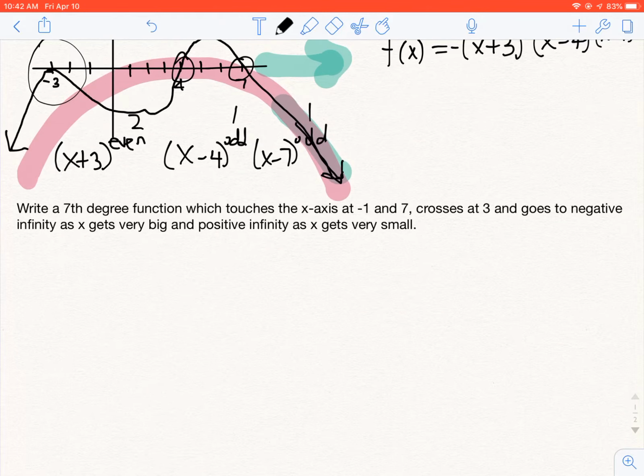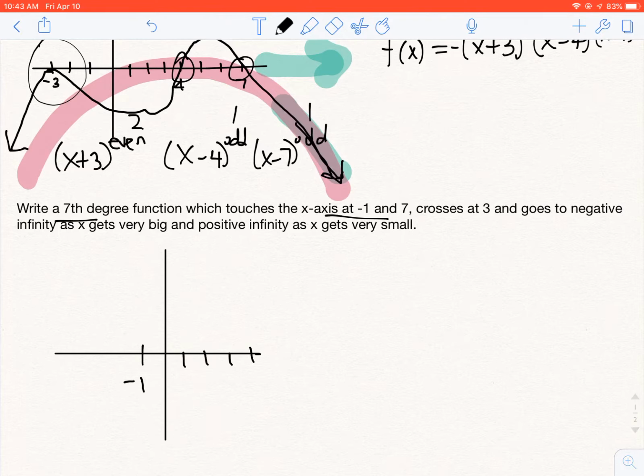Write a 7th degree function that touches the x-axis at -1 and 7, crosses at 3. All right, so again, I'm going to kind of sketch it because that helps my brain a little bit. Touches at -1 and 7. 1, 2, 3, 4, 5, 6, 7. 1, 2, 3.